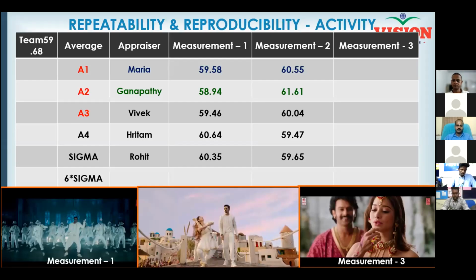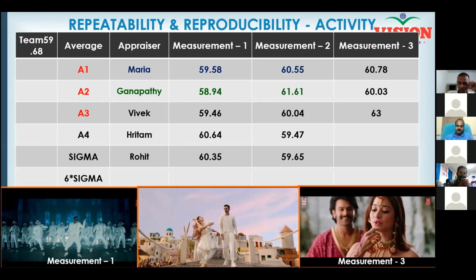Sir, 60 seconds, minus 60.78. 60.78. Yes, sir. Okay. Ganapati, 63.03. 1 second. Then Vivek, 63, sir.